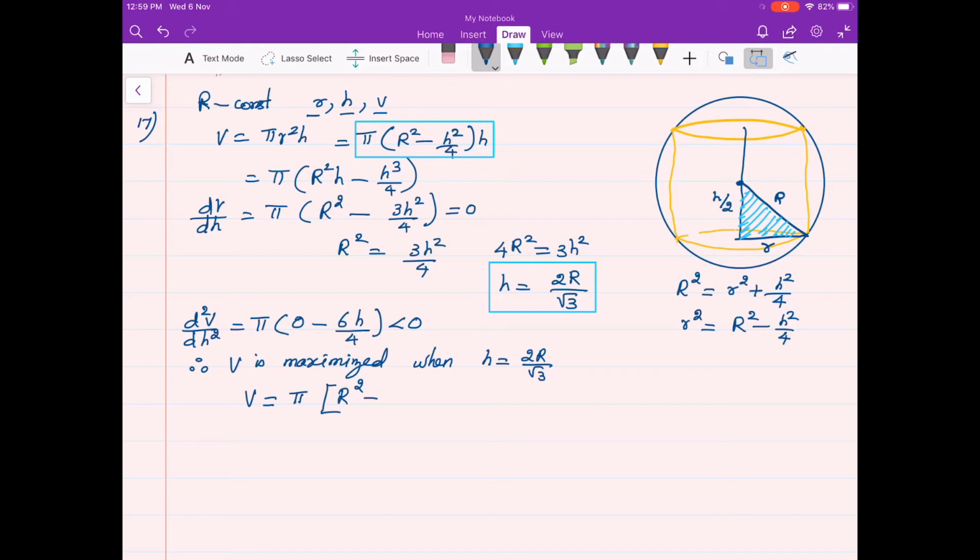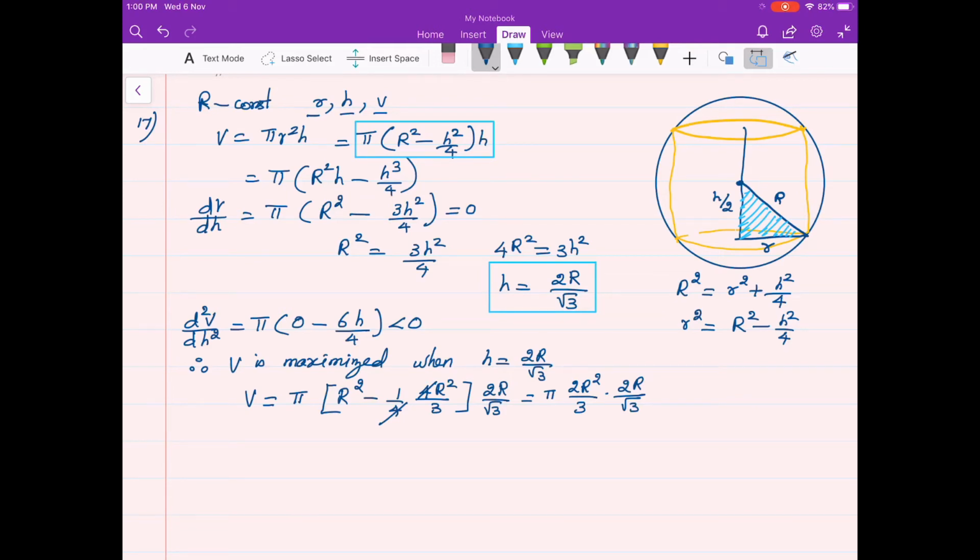Now, let us substitute for h square, 1 by 4 times, h square is 4R square over 3 into h, 2R divided by root 3, pi into, take LCM, 3R square minus R square will become 2R square times 2R divided by root 3.